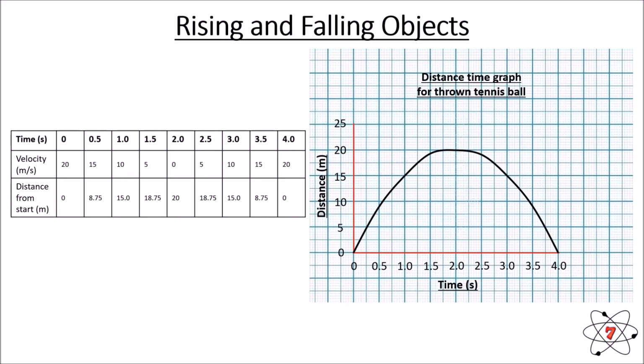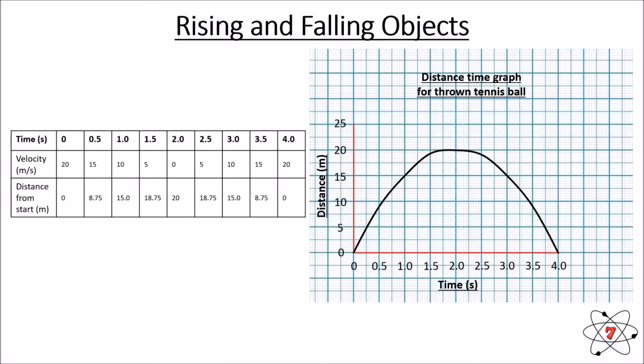Now remember, this is a distance time graph, so a couple of things to notice. A curved line on a distance time graph shows acceleration. It doesn't tell us if it's constant or if it's variable, but it does show us the rate of acceleration. And we can see that the curve is flattening as the ball travels up, so it is showing negative deceleration.